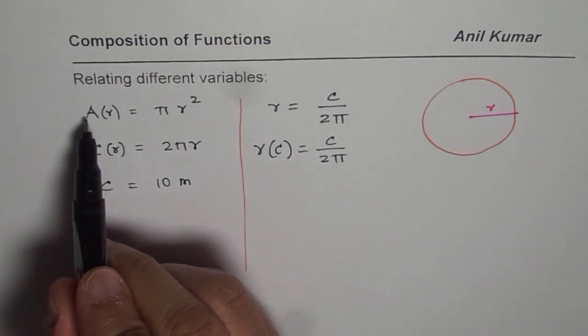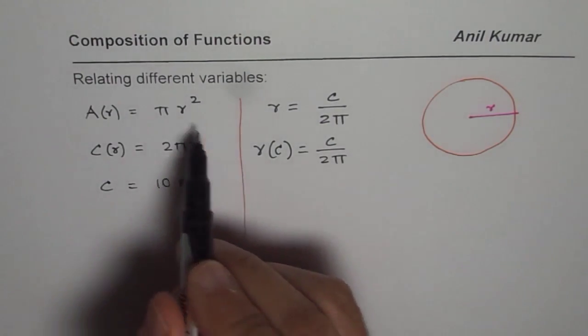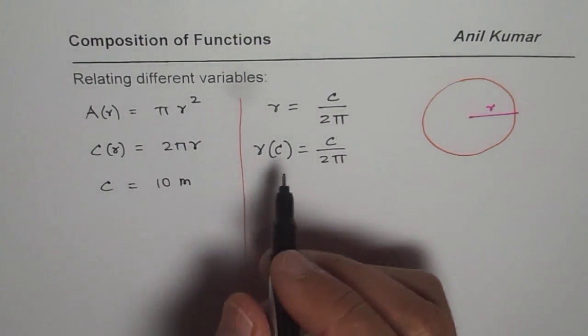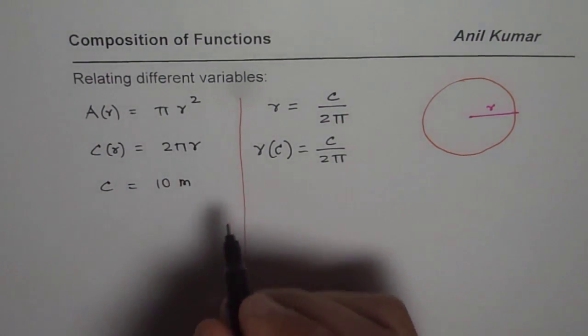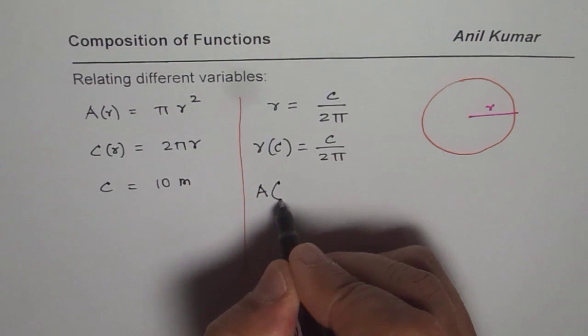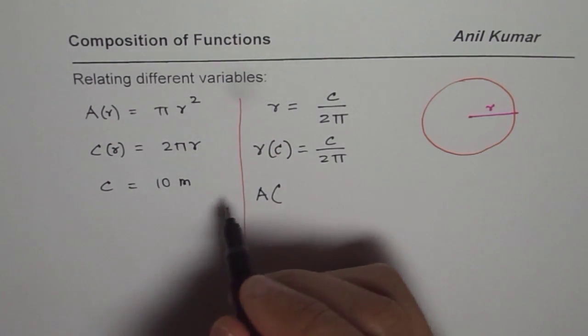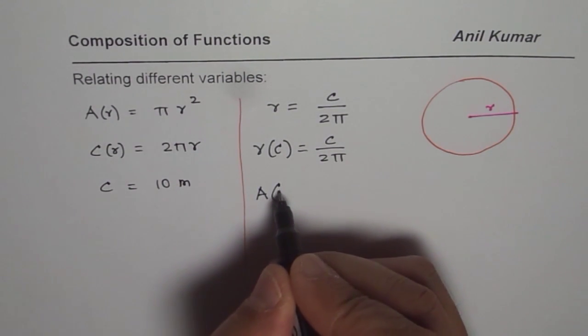Now we know area in terms of radius r. Now this r can be substituted there. That means we are talking about composition of function, right? A function of a function. So we can write down a function which is area in terms of circumference, and we say area with r.